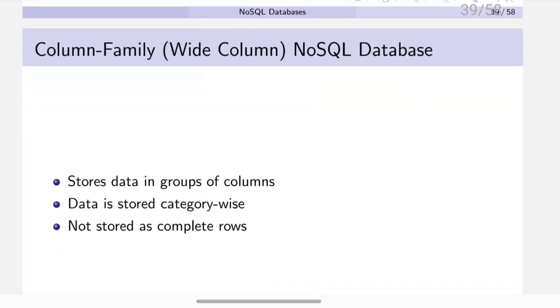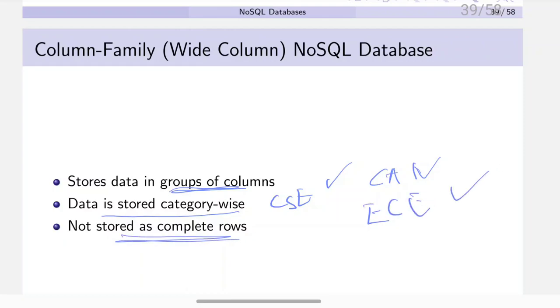So now we are moving on to the third type, that is column family databases. Column family databases store data in groups of related columns instead of rows. Data is stored category wise, like CSE one category, CAI one category, ECE one category, not stored as complete rows.